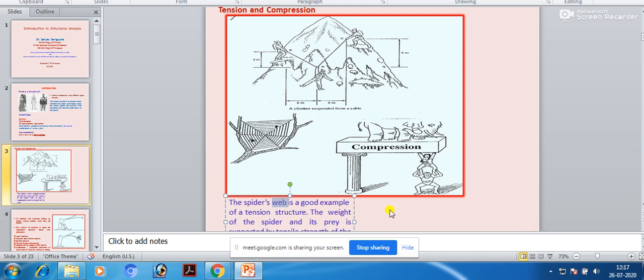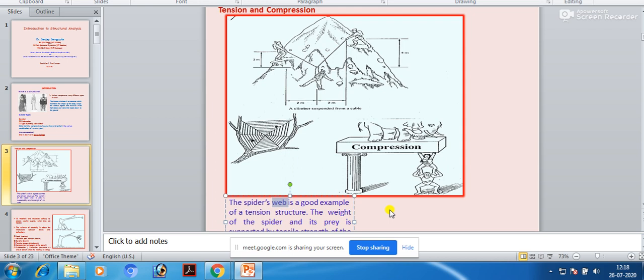And inside that tensile structure, whenever any small insect comes, the spider can catch it using that web. The web is prepared in such a way that the tensile structure does not get disturbed and does not fail. So you see, deformation and load are so closely related.